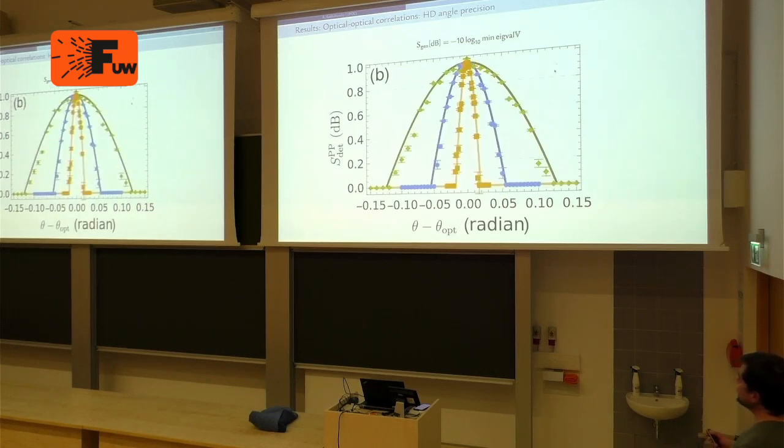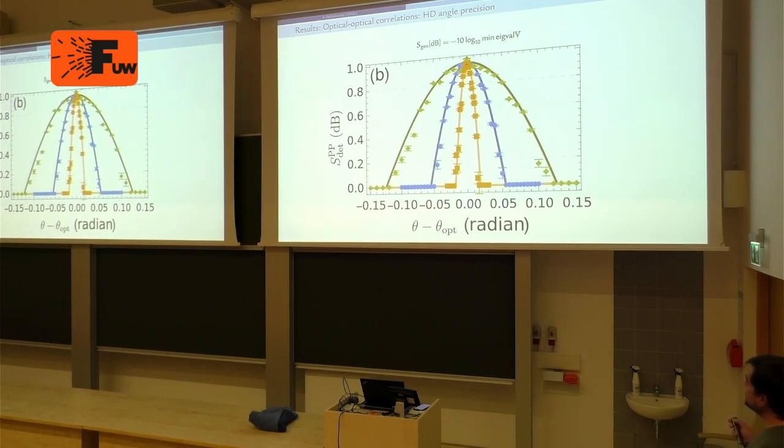Okay, this is how this quantity behaves as a function of the uncertainty of the homodyne angle. As I said before, we are trying to extract correlations by smartly looking at the proper locations in the covariance matrix, and to determine these optimal locations, we need to set the homodyne angles for the detection. If we make a mistake and set this angle with an error, then obviously we don't get the best results.